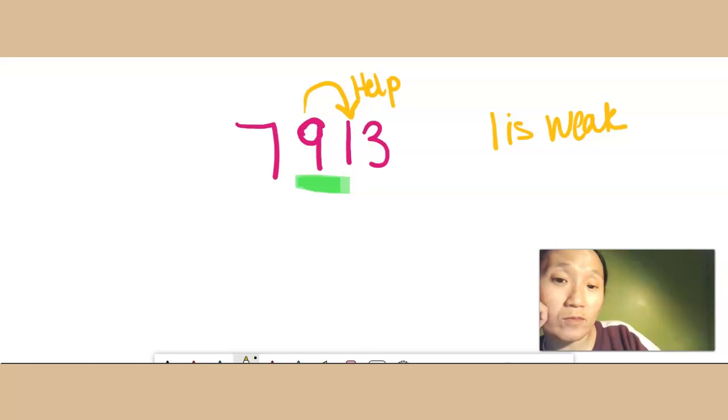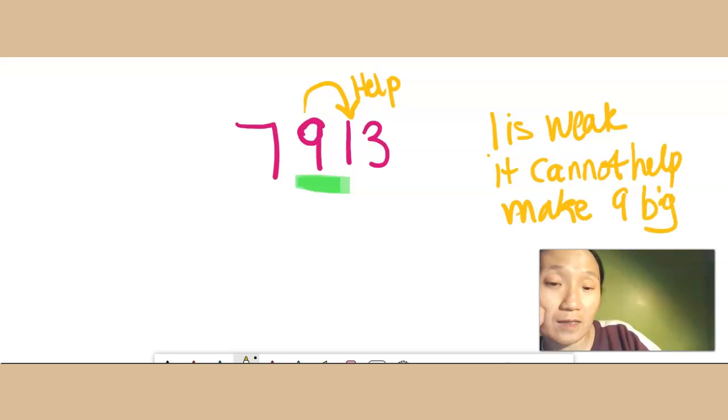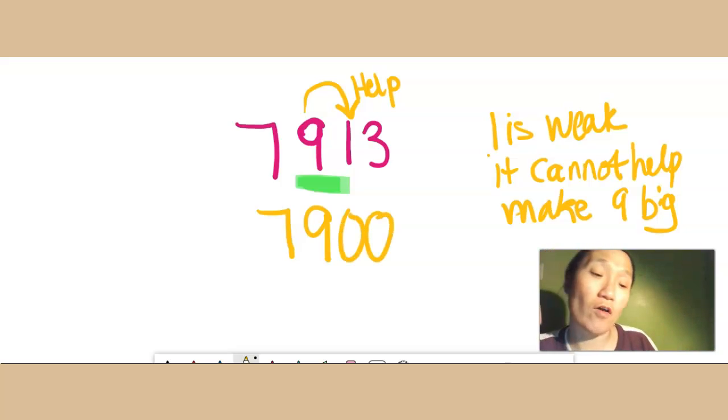If the number is weak, it cannot help make 9 bigger. Okay, so 9 stays the same. 7 doesn't care because he's not asking for help. He's happy. And 1 bounces. 3 leaves because he was just following 1. So this one rounds down.